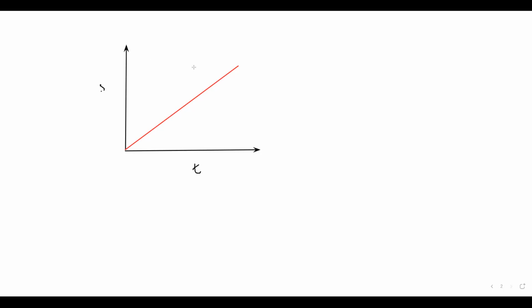A speed time graph, a straight line with a constant slope. No, you cannot say it is accelerating. You have to use a specific term. So when a speed time graph is a straight line with a constant slope, what can you say? You can say it is constant acceleration.